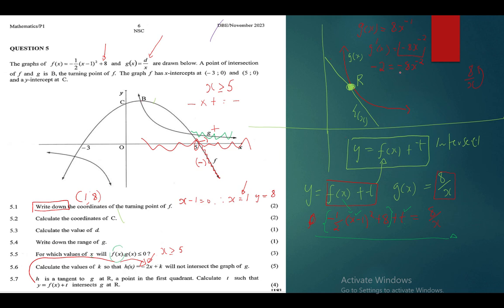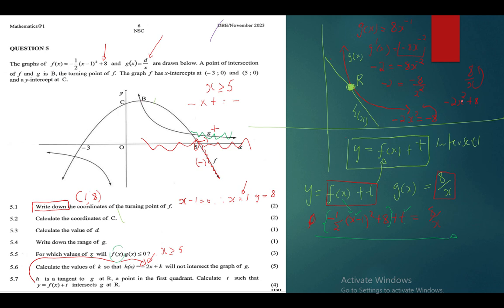This is the same as minus 2 equals minus 8 over x squared, which is minus 2x squared equals minus 8.